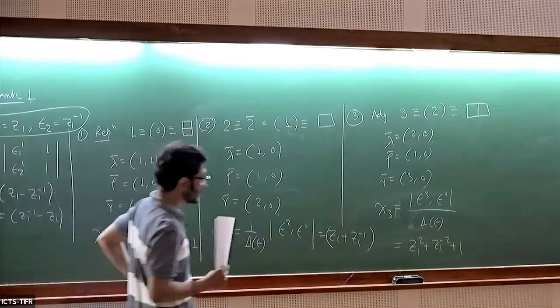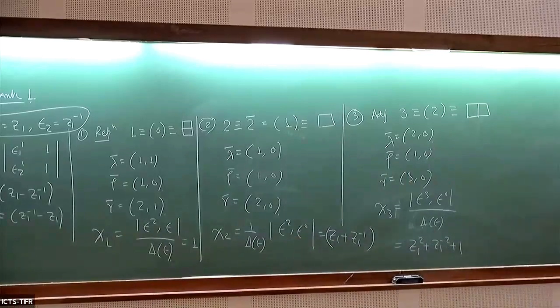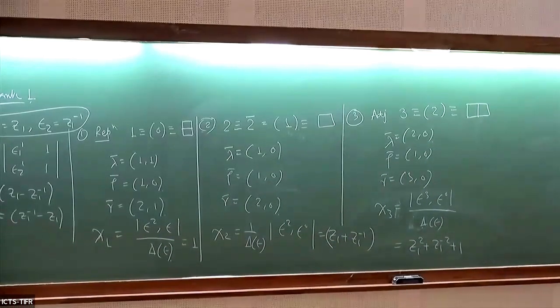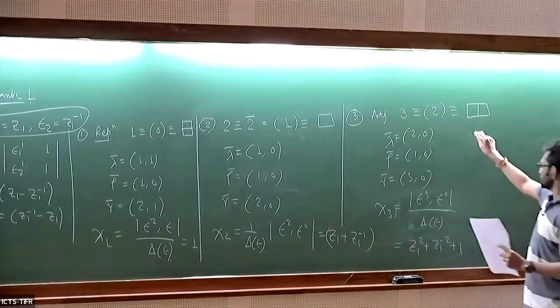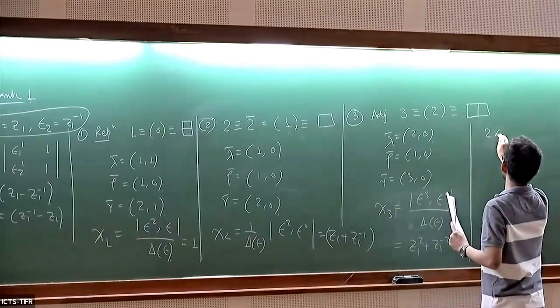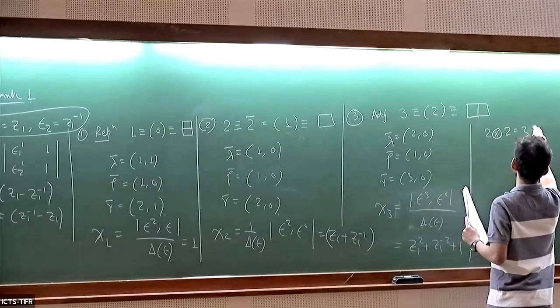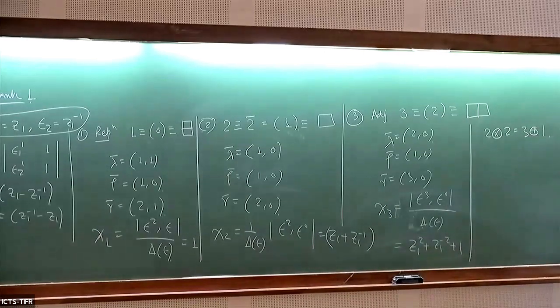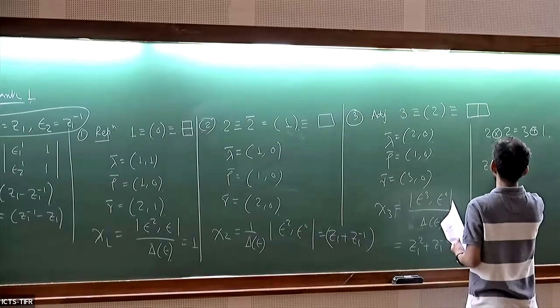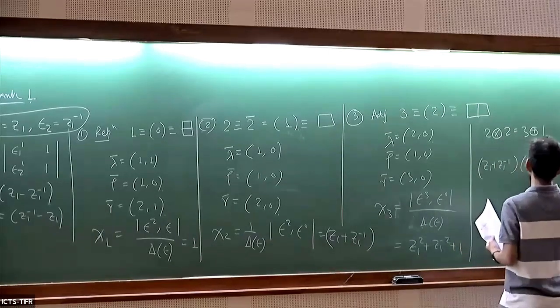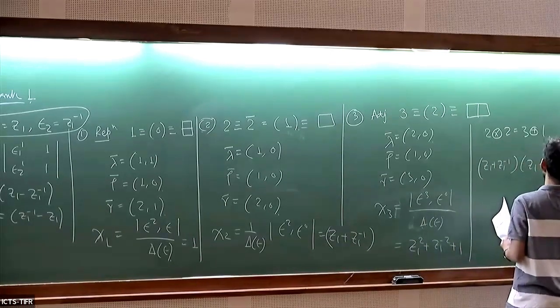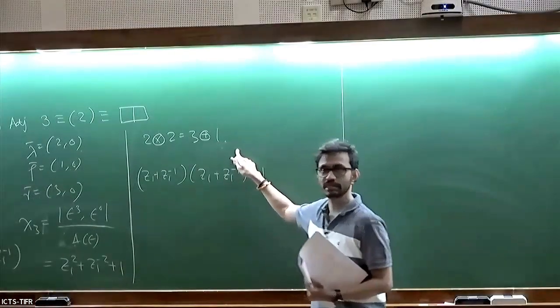Well, so now we have enough information to cross-check what we know from the representation theory again in terms of dimensionality. How? Let's see what we know from 2 cross 2 bar is 3 plus 1, right? So then if what I'm saying is true, then in terms of the character polynomial, this should be also true, right? So then let's check Z1 plus Z1 inverse times Z1 plus Z1 inverse minus 1, because that's the character for the singlet.